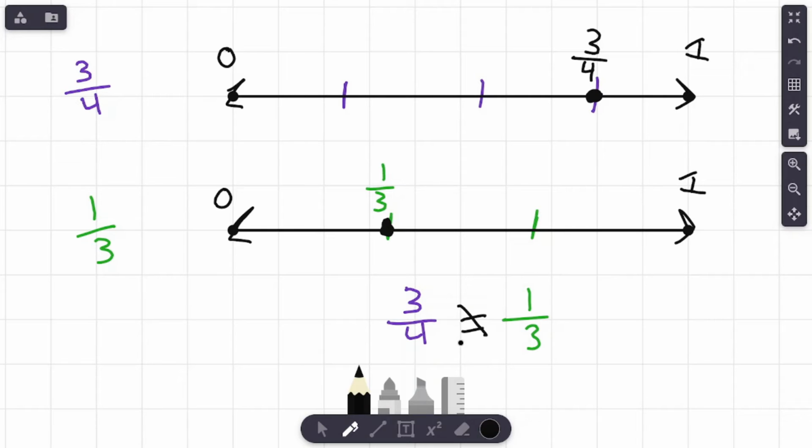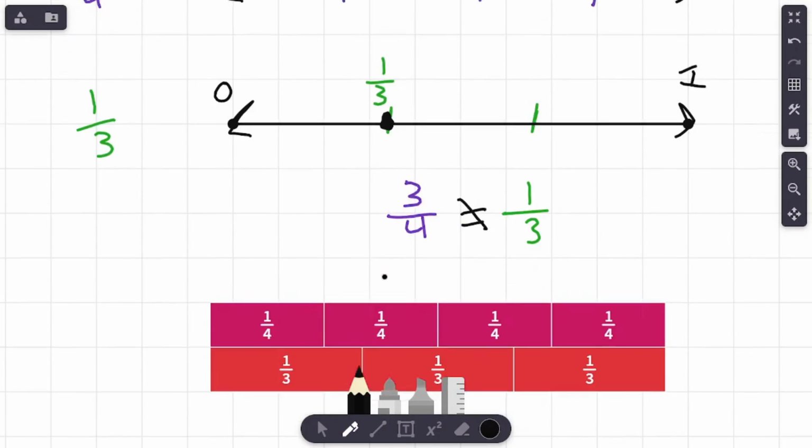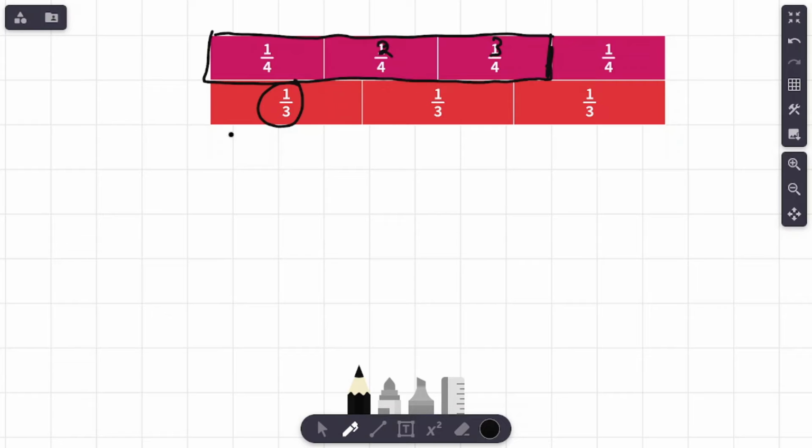Let me show you the fraction bar to prove it. All right, here's a fraction bar. So in our problem, if you remember, we had 3/4 and 1/3. Well, here is 1/3 right here. 3/4 would be, here's 1/4. This would be 2/4. This would be 3/4. So it would go all the way to right here. This is how much 3/4 would be, this whole section. 1/3 would be this piece from here to here.